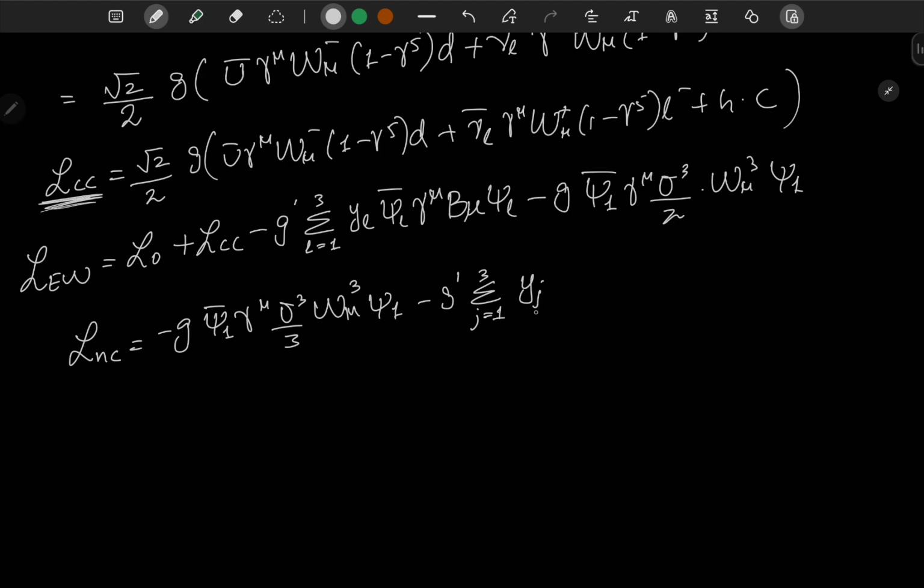So I'm just changing the index here. Psi bar of j gamma mu B mu psi of j.